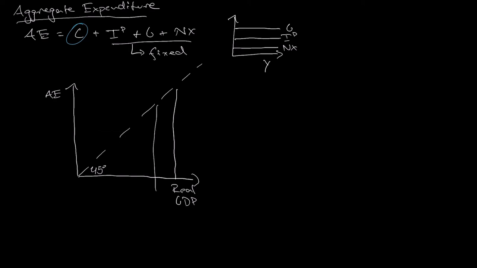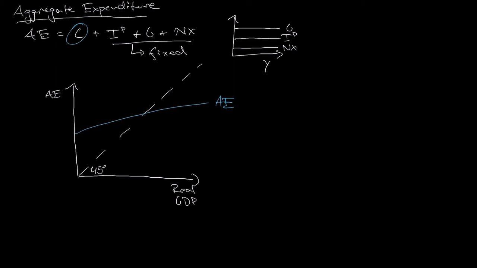So what happens then if we input our aggregate expenditure function? Well, this actually is where things get really interesting. If I just draw our aggregate expenditure, we can use the 45-degree line as a tool for analysis and determine what happens when planned expenditure does not equal output.